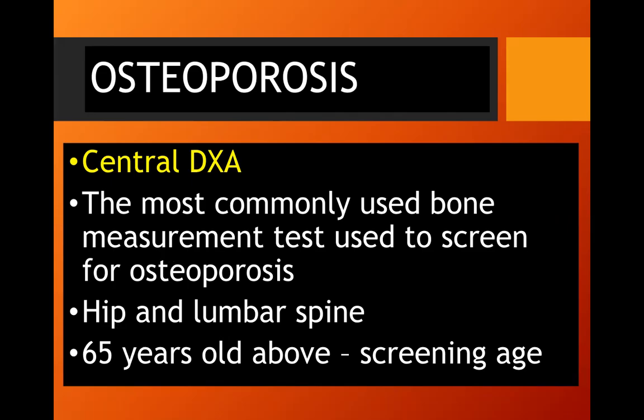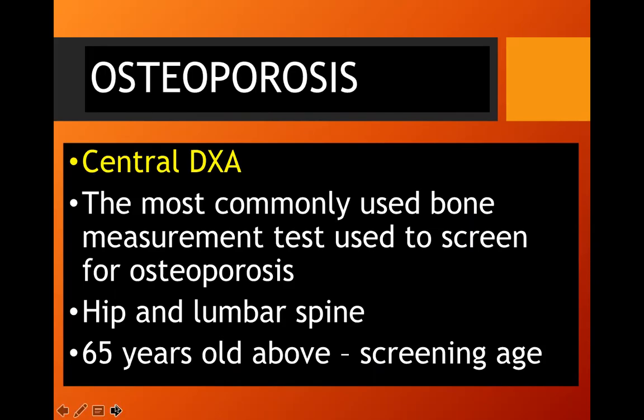The screening is usually for 65 years old and above, but for those patients who have an increased risk for osteoporosis, less than 65, we may also use central DXA. We may also use peripheral DXA. Unlike the central DXA, for the peripheral DXA we use the hands and foot to test for osteoporosis.